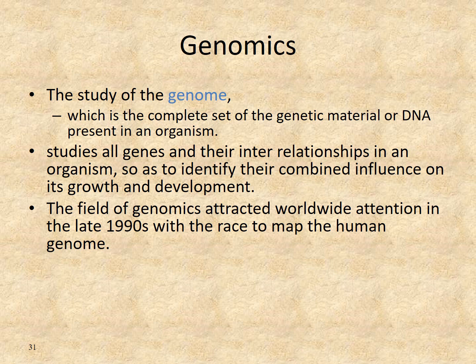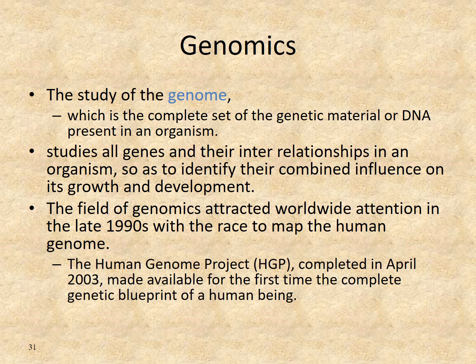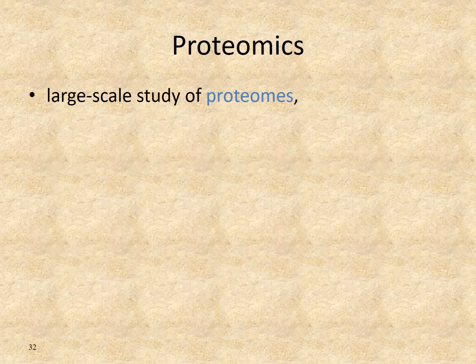In genomics, we study all genes and their interrelationships in an organism, so as to identify their combined influence on its growth and development. This field attracted worldwide attention in the late 1990s with the race to map the human genome. The Human Genome Project, completed in April 2003, made available for the first time the complete genetic blueprint of a human.